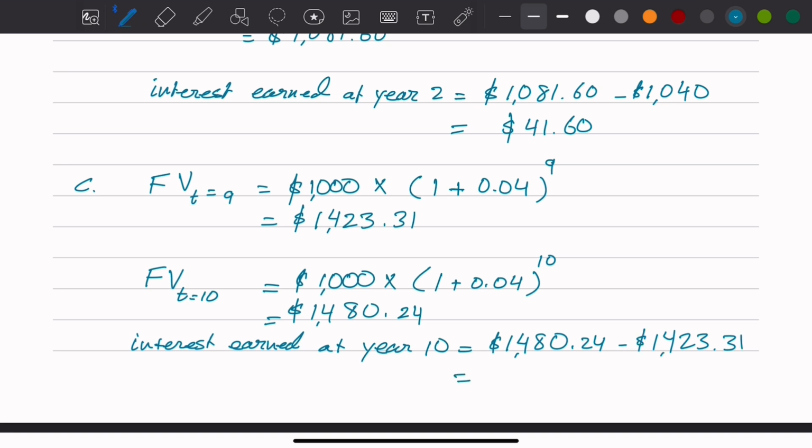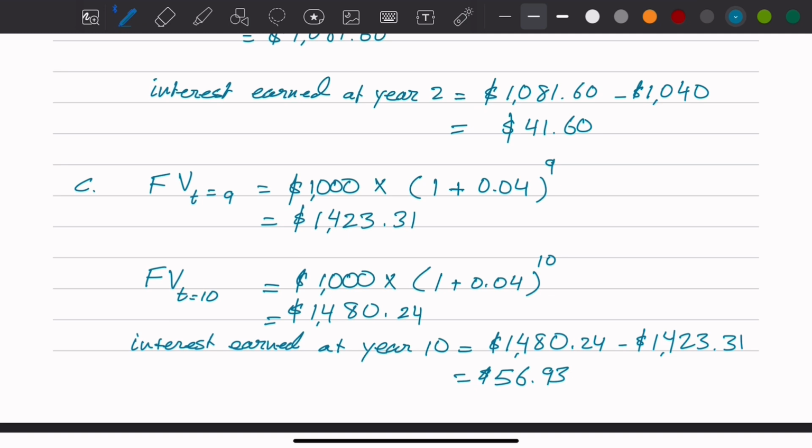Okay. So 1480.24 minus 1423.31. And our answer would be $56.93. Notice how the interest earned each year is growing year after year.